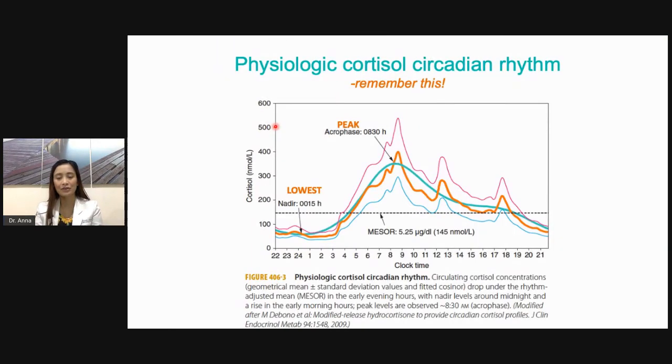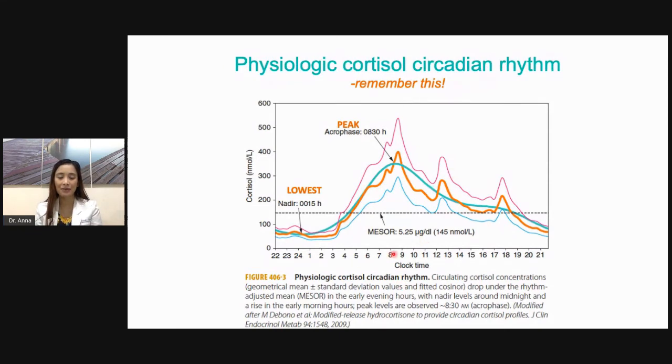So remember I told you about the circadian rhythm of your cortisol. This graph shows the physiologic cortisol circadian rhythm. Remember this, because this is crucial when interpreting hormonal testing related to your hypothalamic pituitary axis.